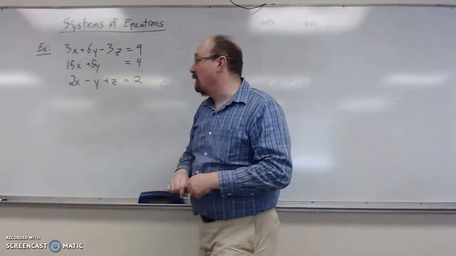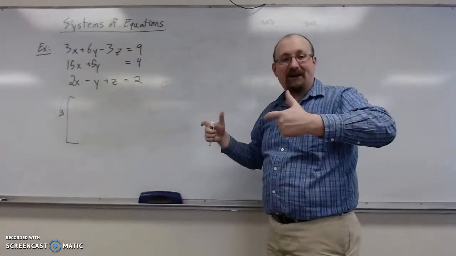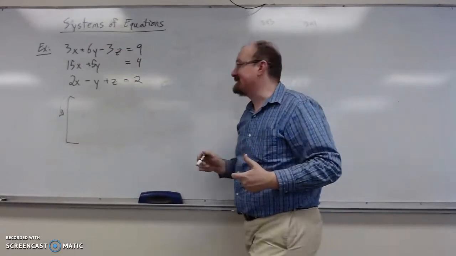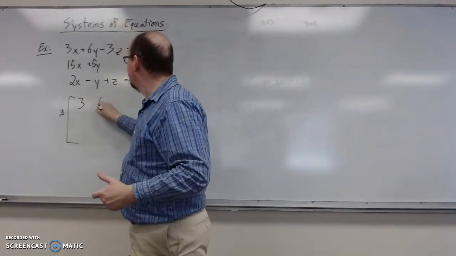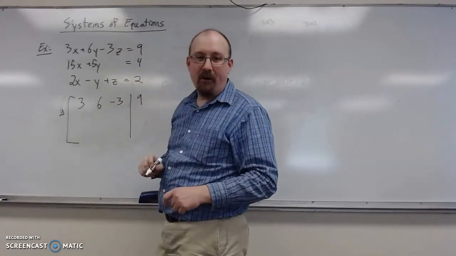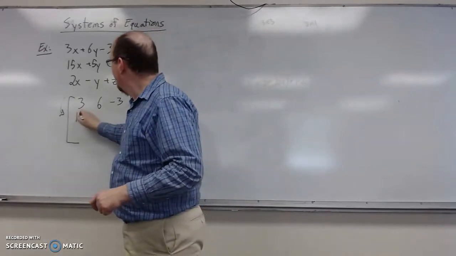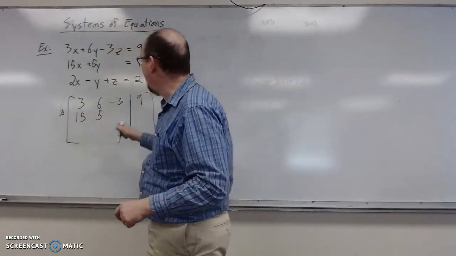So if we follow along with that same process from before, extract the coefficients, make a big matrix out of them. So we have 3, 6, -3. I'll go ahead and draw in the vertical bar, and then the 9 on the right-hand side. We have 15x, 5y.